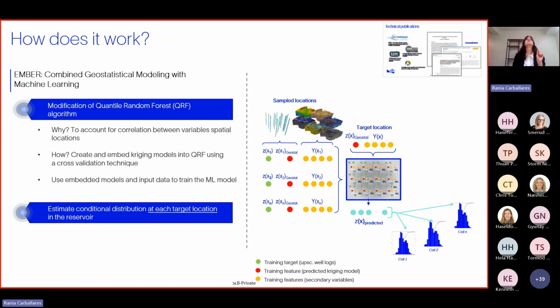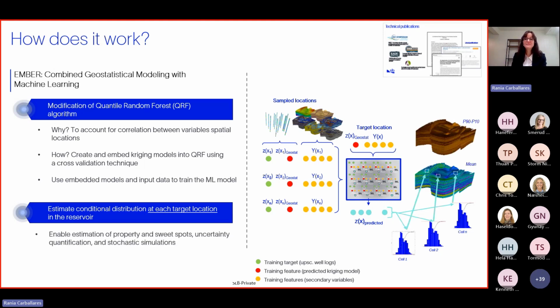So if you have a grid of a million cells, then you multiply this million by 500 conditional distributions of possible predictions. And from these predictions, it will compute the estimation, mean and median, and the uncertainty distribution of the training.